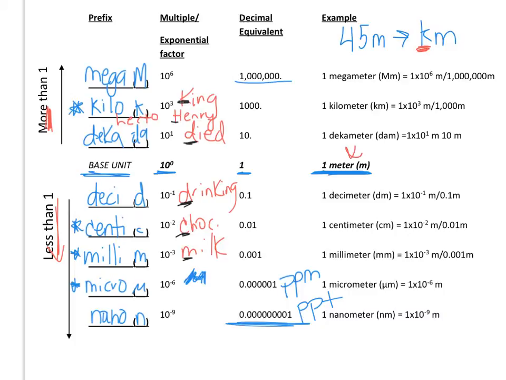So you're going to figure out how far away that is, and that's 1, 2, 3 away. So you're just going to move the decimal place 1, 2, 3. So it'll be 0.045.